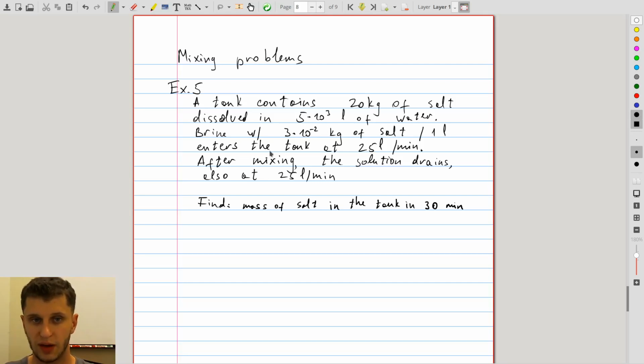In the following example, we will see how to model other types of physical processes using separable differential equations.